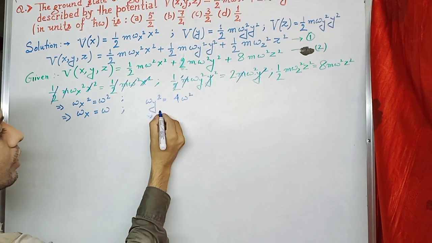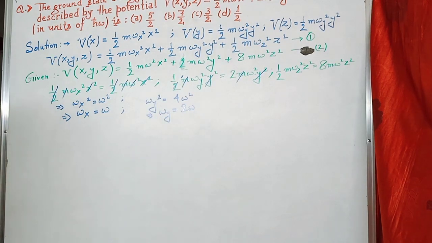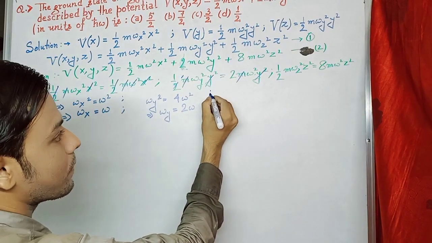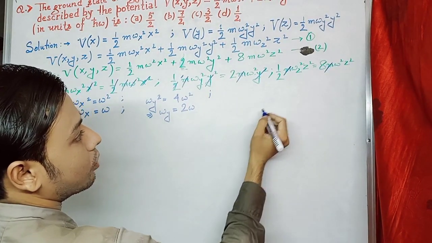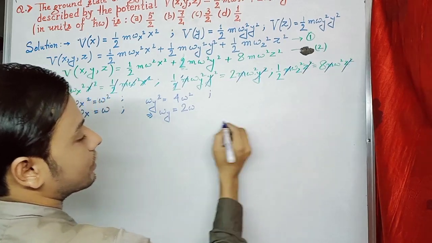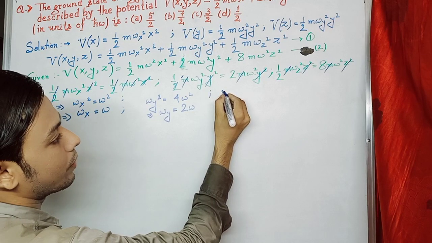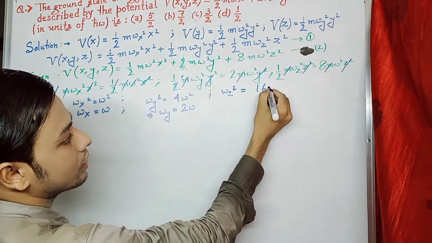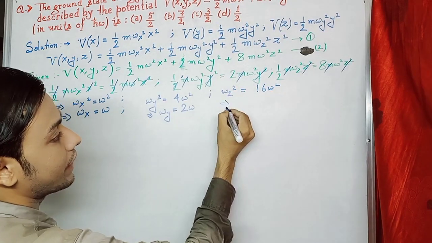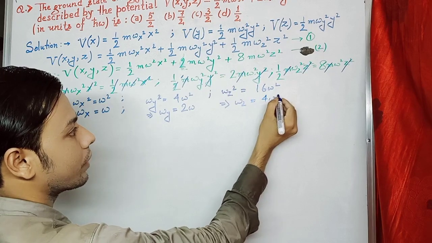Therefore omega y equal to 2 omega. And thirdly, m and m cancel, z square cancels, and cancelling the 2, omega z square equals 16 omega square. Therefore omega z equal to 4 omega.